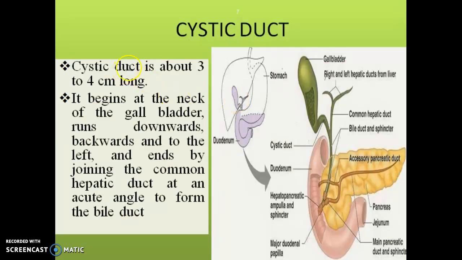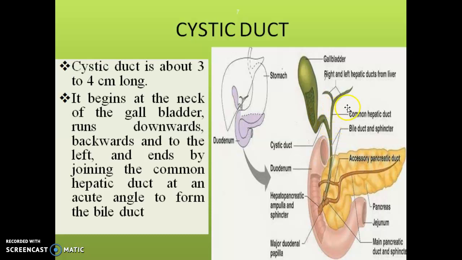The cystic duct is about 3 to 4 cm long and it begins at the neck of the gallbladder. It runs downward, backward and to the left, and it ends by joining the common hepatic duct.